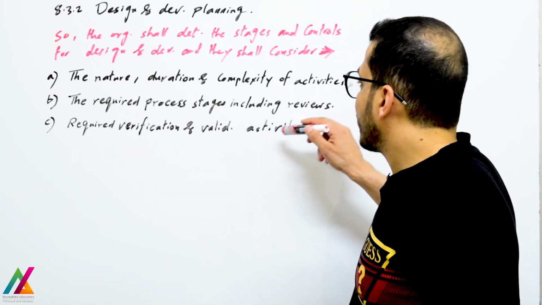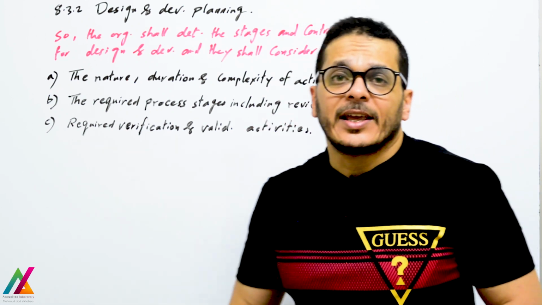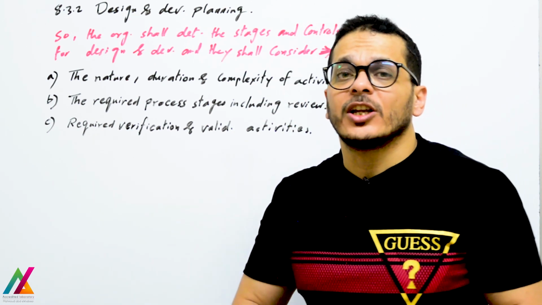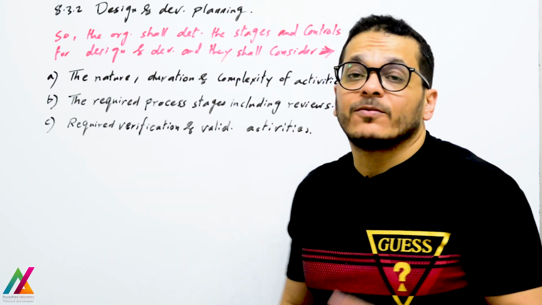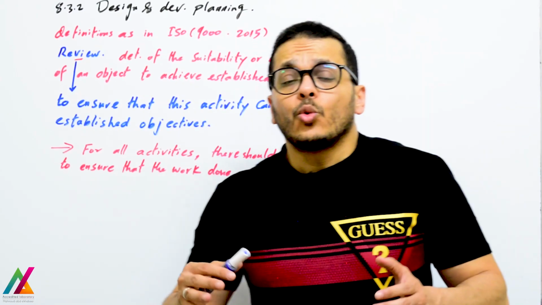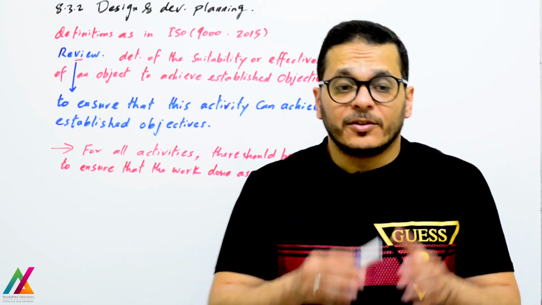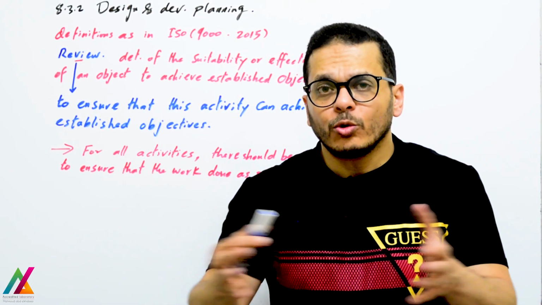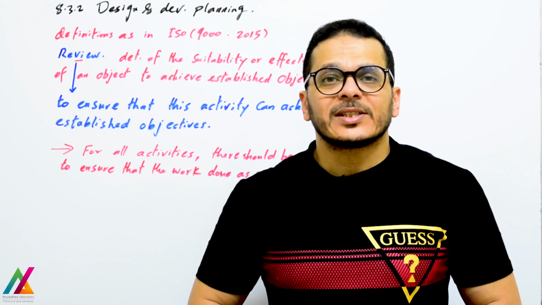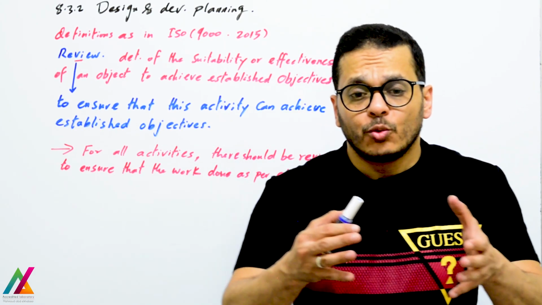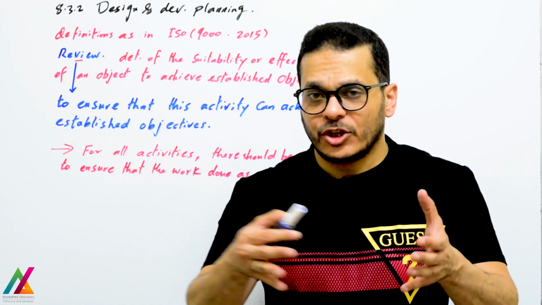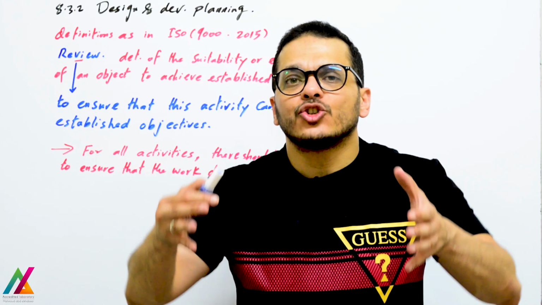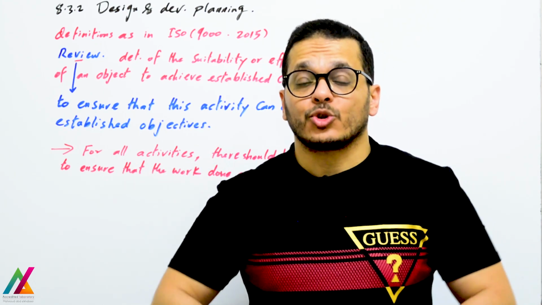Because of this point, you will have a difference in the ISO 9000:2015 edition definitions between review, verification, and validation. So what is the difference between review, verification, and validation? You will feel that all of them are close together, but review: you want to have some reviews for each process inside the organization to ensure that you can achieve established objectives from this process.